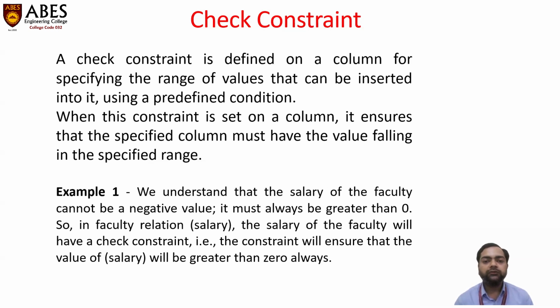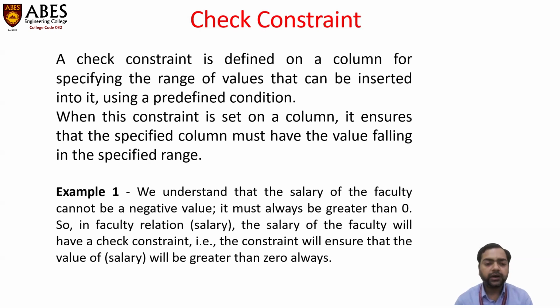So whenever the value of age is inserted into a particular attribute, it will be checked by the check constraint. If the value meets the predefined condition, then only it will be allowed to enter into the relation. Otherwise, it will be discarded, right?